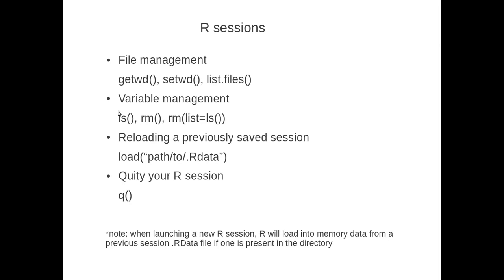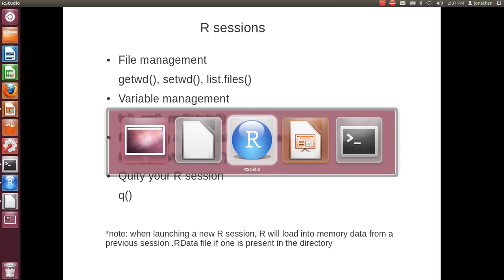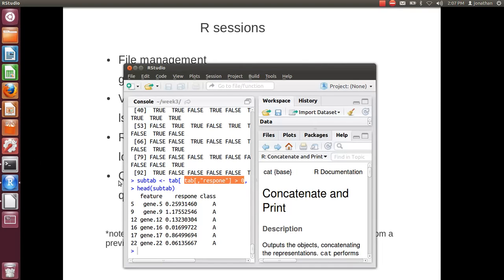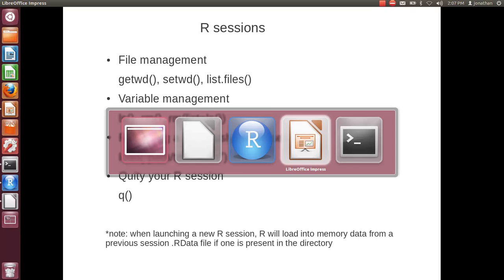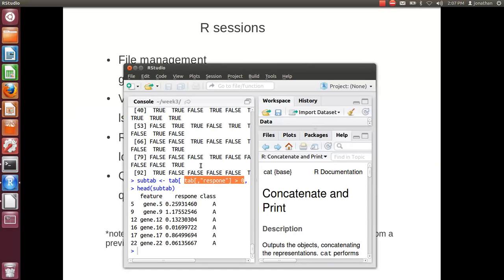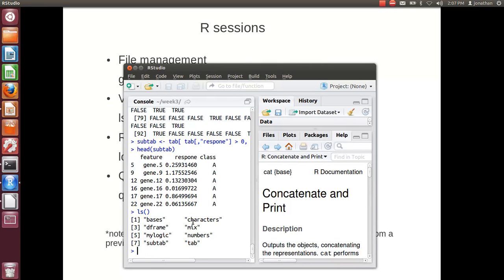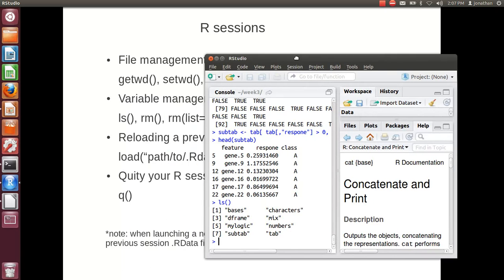You can also query or identify what variables are defined in that session using the ls command, similar to the command in Unix, but we're not listing files, we're listing the vectors or the other types of variables that are defined at the moment in your session.